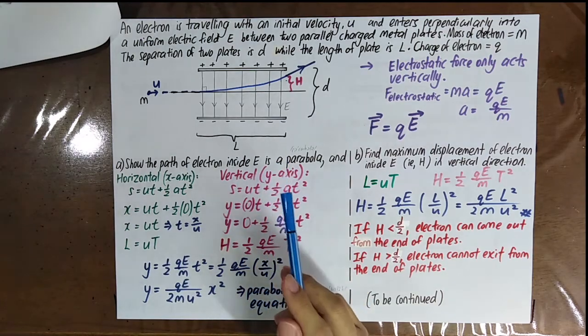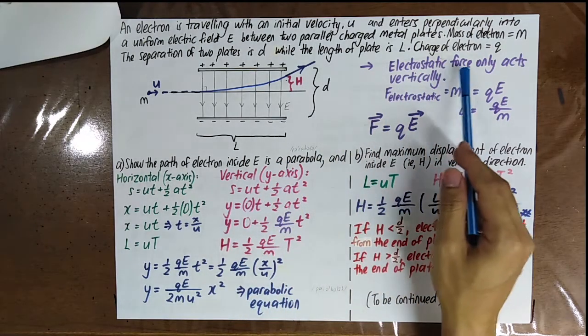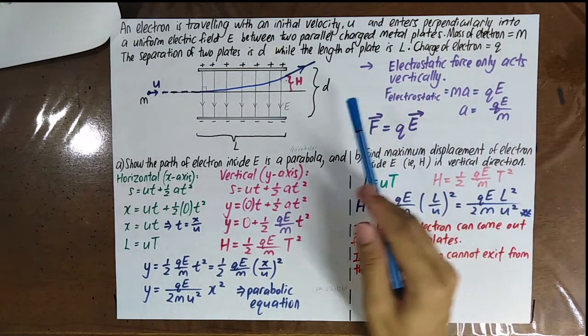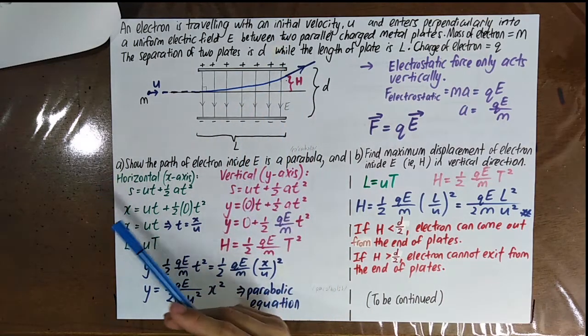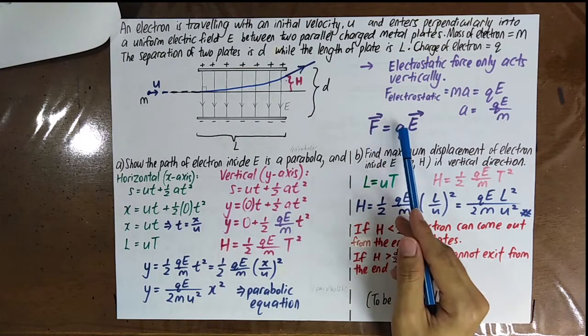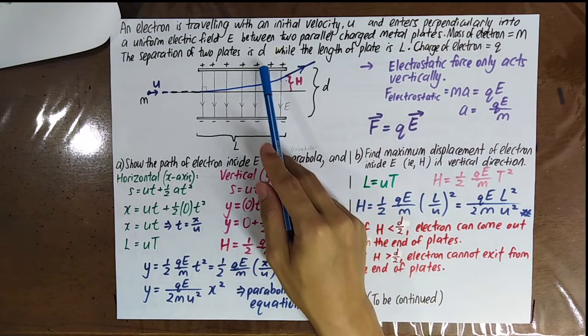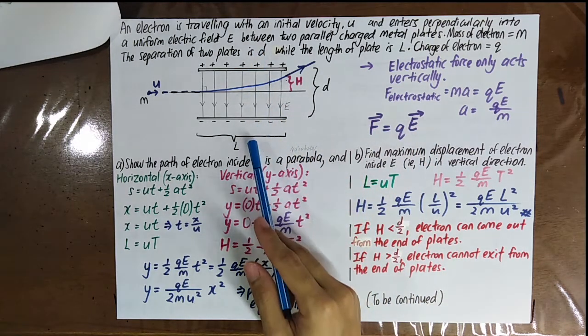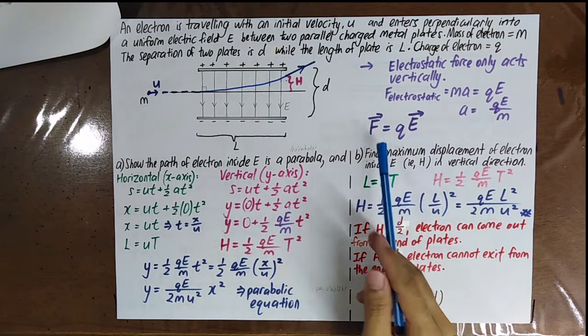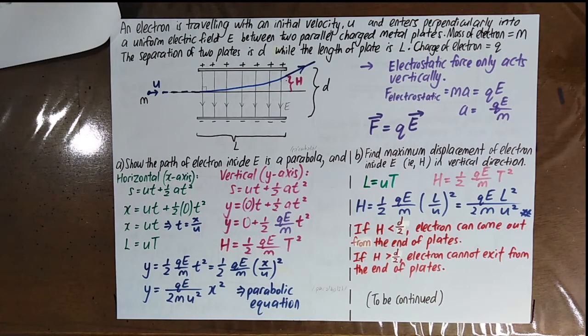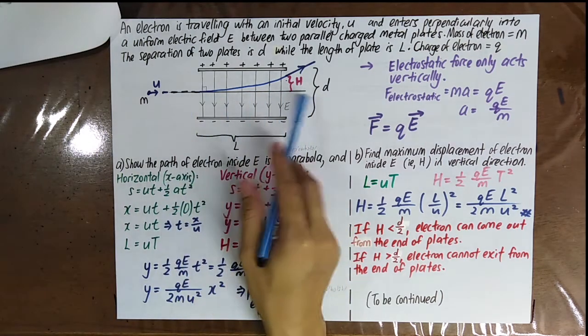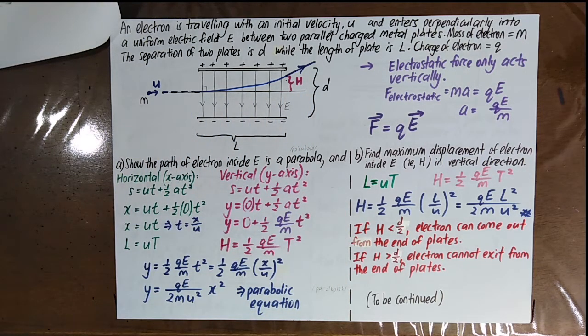And you have to remember that the electrostatic force can only act in the direction of the electric field. That means that F equals QE. When E is vertical, you can only expect the electrostatic force to also be in the vertical direction. You can never expect a horizontal force from the vertical electric field.